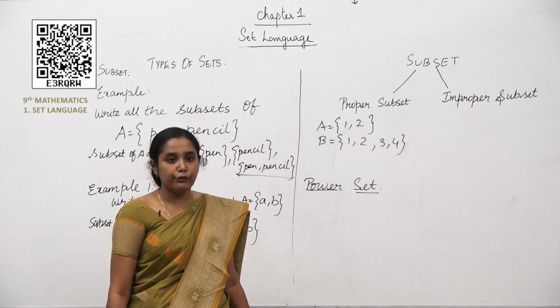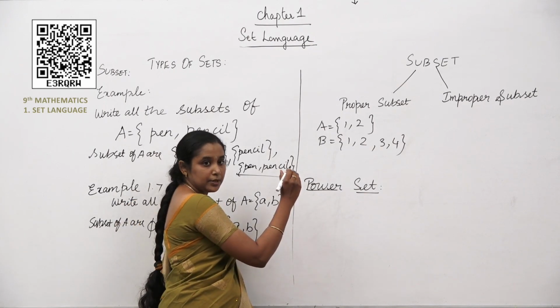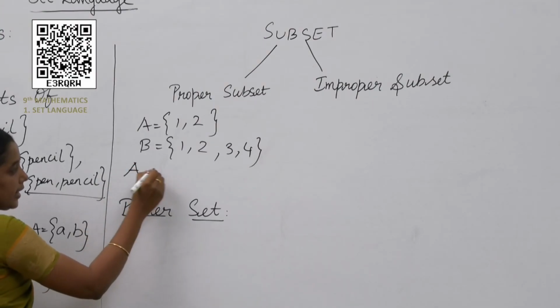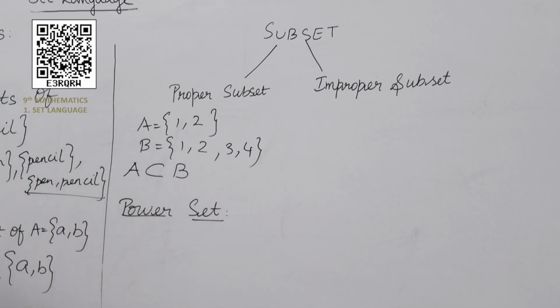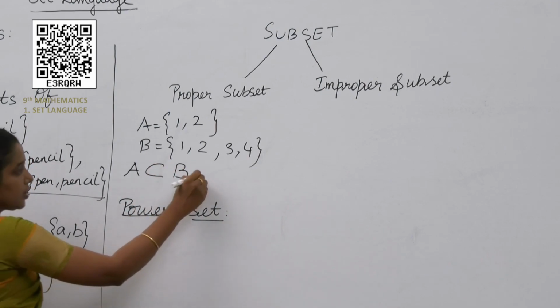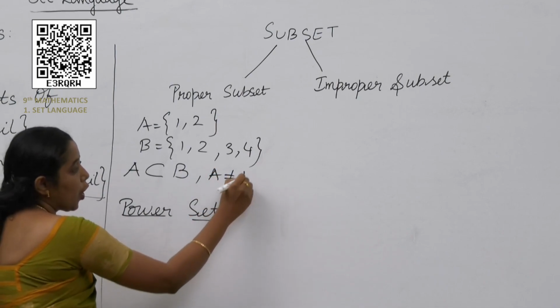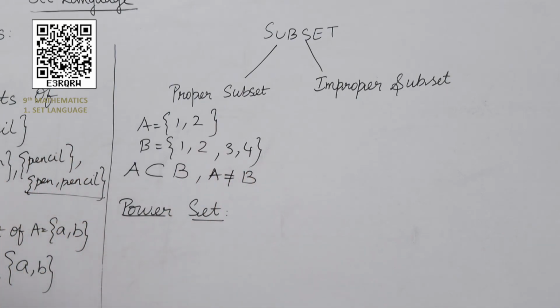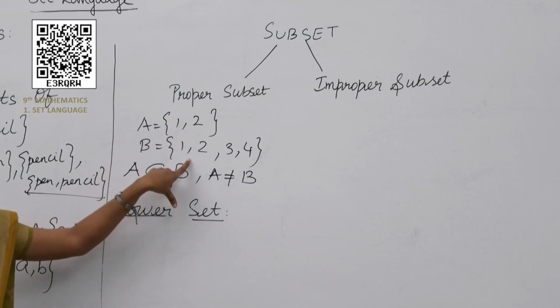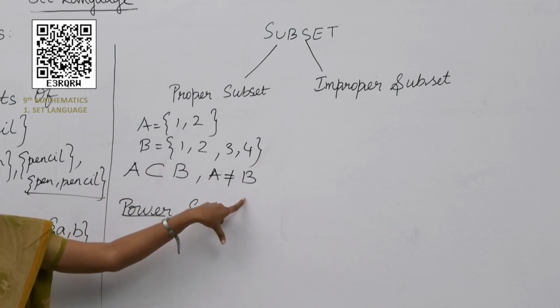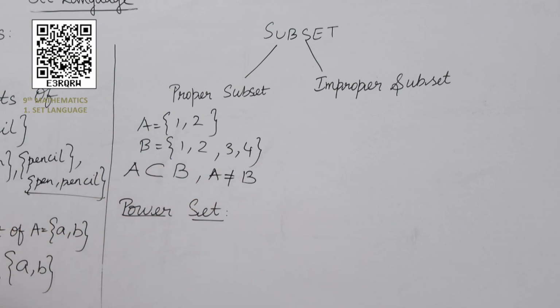Here for proper subset, what does this symbol mean? A is the proper subset of B, and one condition is that A is not equal to B. That is A is contained in B, that is every element of A is there in B, but A is not equal to B.